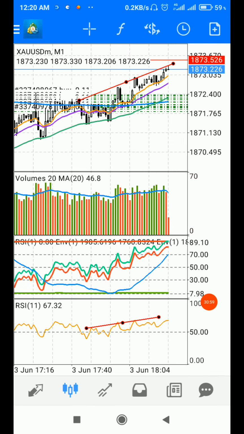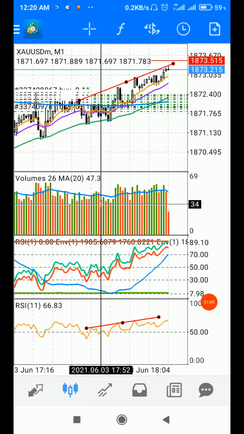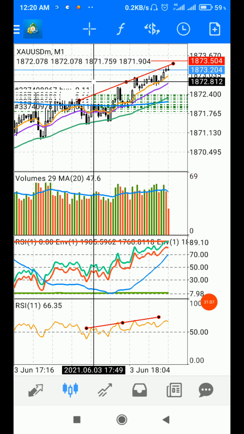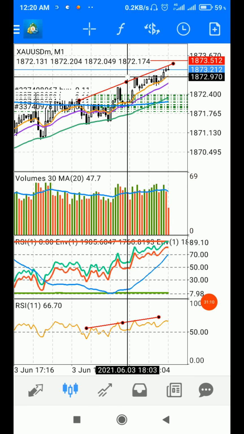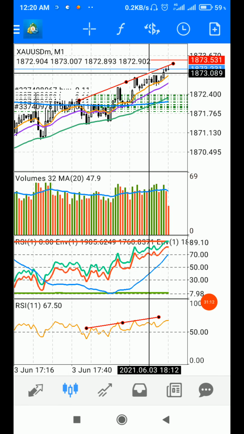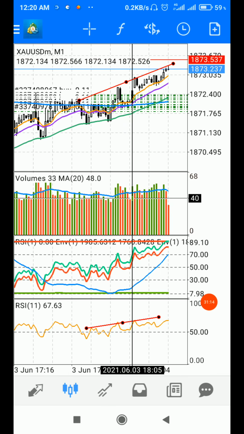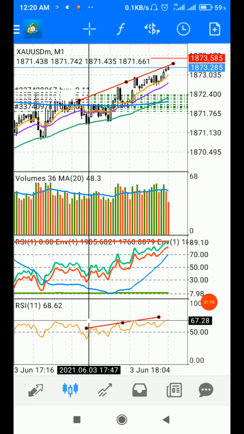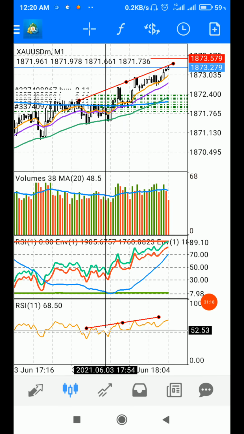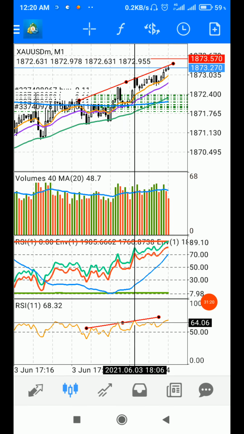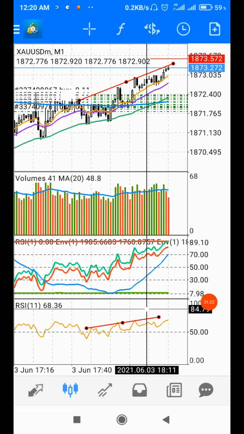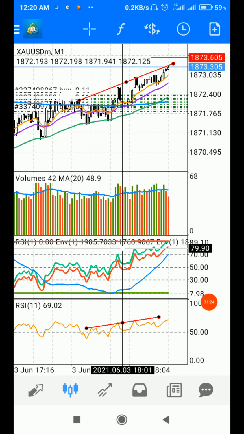so if you can see the trend line here on the upper side, on the price level side, the price line is going upward, and on the RSI window here also the RSI shape is going upward, so the same slope indicates there is no divergence.